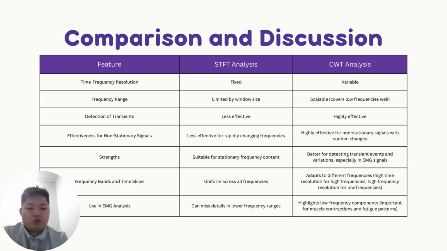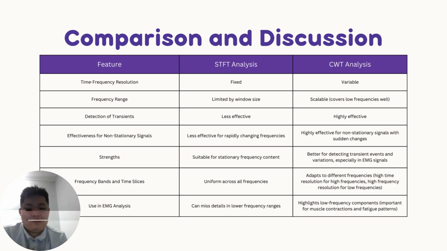Lastly, what is the strength of these two methods in processing the signals? When I'm talking about STFT, it's suitable for stationary frequency content since it has fixed time frequency resolution. CWT is better at detecting transient events. Coming to the frequency bands and time slices, STFT maintains uniform resolution across all frequencies, while CWT analysis adapts to different frequencies: high time resolution for high frequency and high frequency resolution for low frequency.